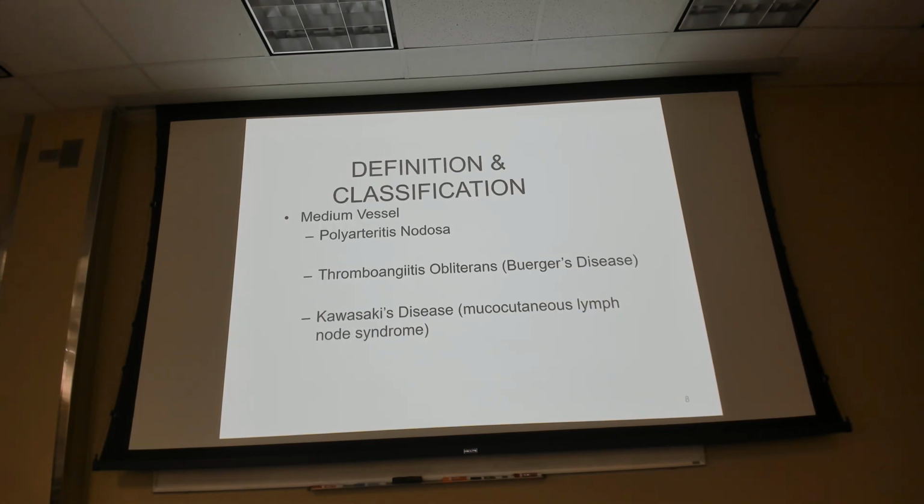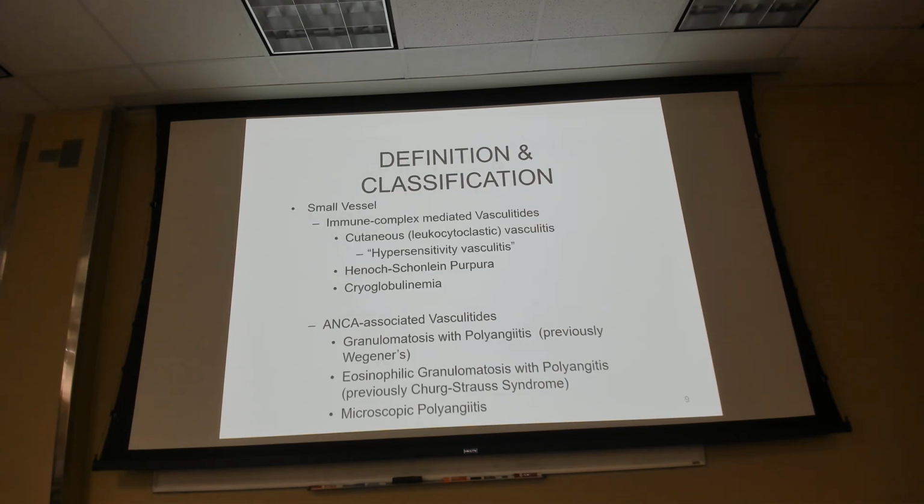These are the medium ones where nodosa is part of the main aspect of this PowerPoint. So because it's in the name as it starts, that could be something that I would be testing. Buerger's and Kawasaki's are on the medium aspect as well.